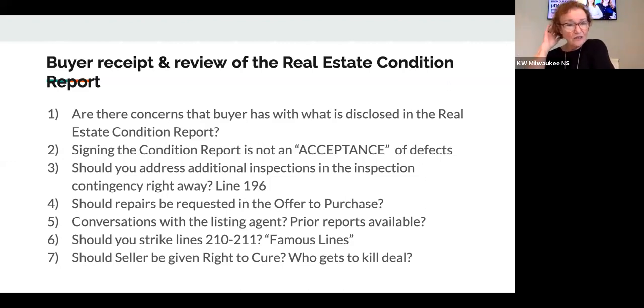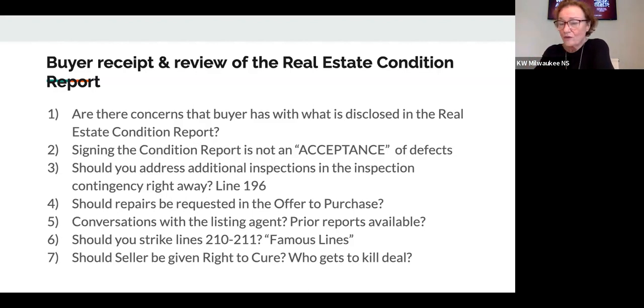Should you address additional inspections in the inspection contingency right away? Line 196, you know, that famous line that's blank and most people used to put entire premises. Don't put entire premises, it already says that. Put on that line additional inspections that your buyer may want to have, a follow-up inspection or follow-up report.